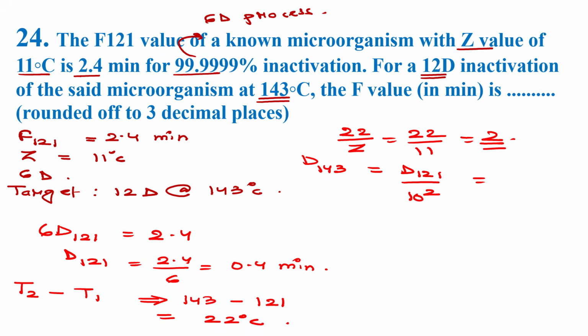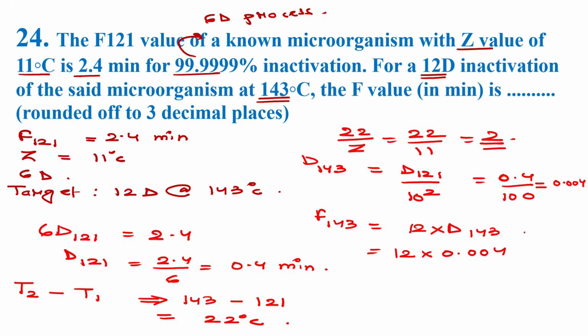So it is 0.004 minute. Now we'll just calculate the F value. So F value at 143 is a 12D process, means 12 into D at 143. So 12 into 0.004, or 0.048 minute. So this will be my correct answer.